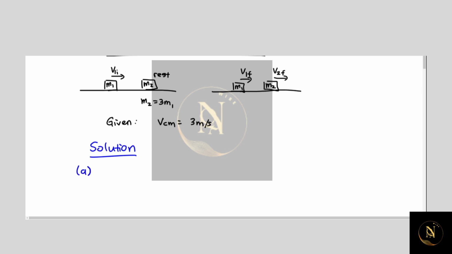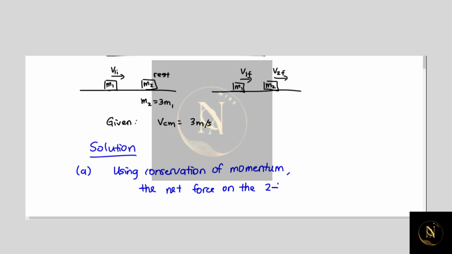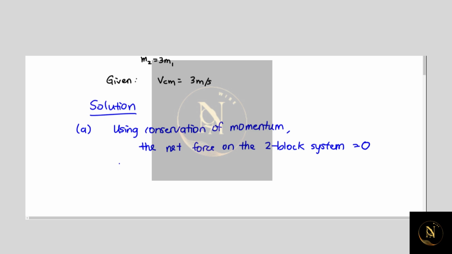To find the VCM after the collision, we'll be using conservation of momentum. The net force on the two-block system equals 0, so there's no change in VCM.